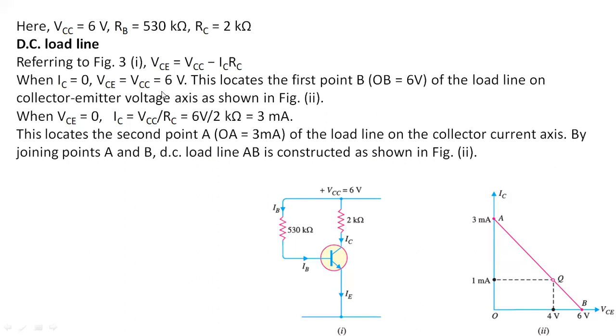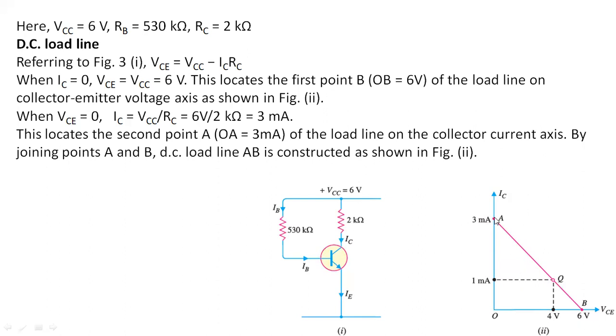Similarly, if we put VCE equals 0, we get IC equals VCC by RC, since IC RC equals VCC. So the value of IC will be 3 milliampere.